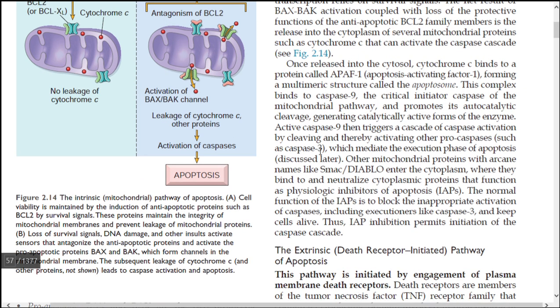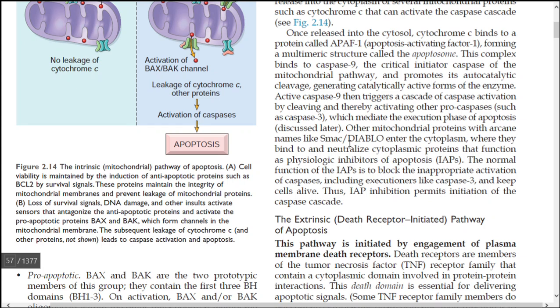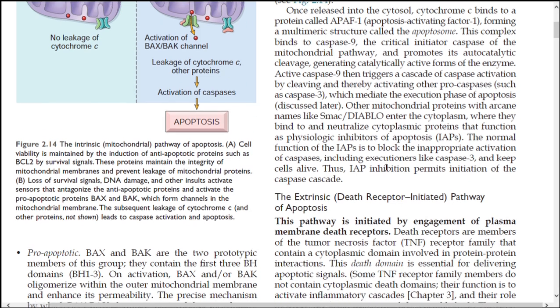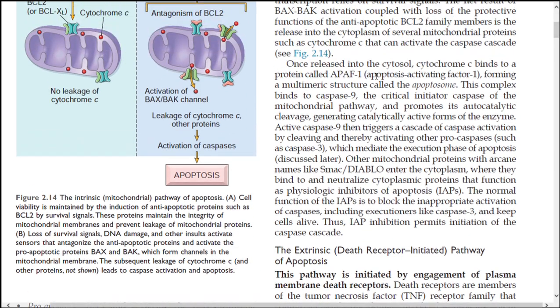This active caspase 9 will trigger a cascade of caspase activation by cleaving and activating other procaspases, which mediate the execution phase of apoptosis. That's it. First step is formation of the apoptosome, next the binding of the apoptosome to caspase 9, and then caspase 9 becomes active. It will activate other procaspases, such as caspase 3, which elicit the execution phase of apoptosis.